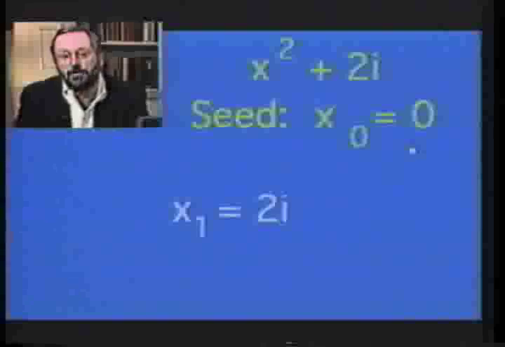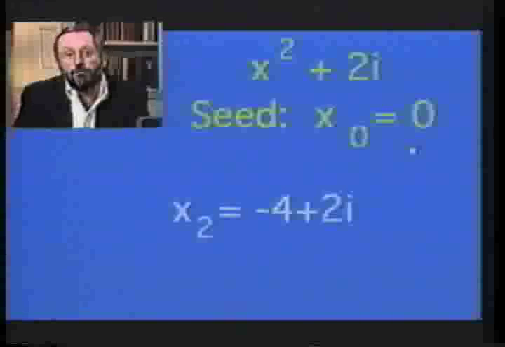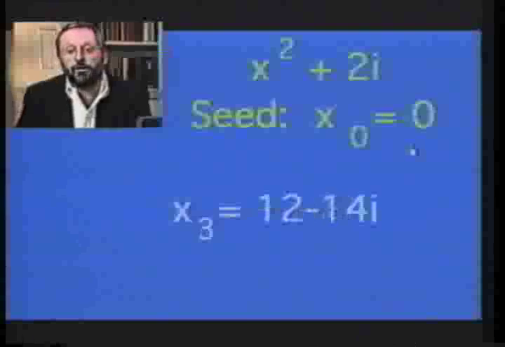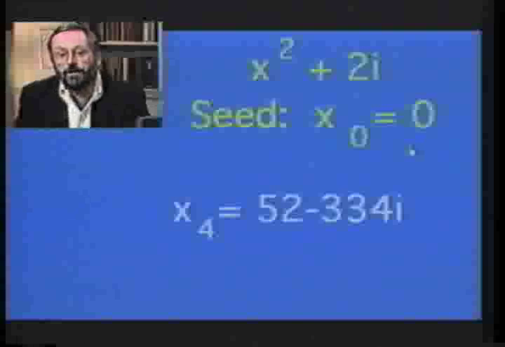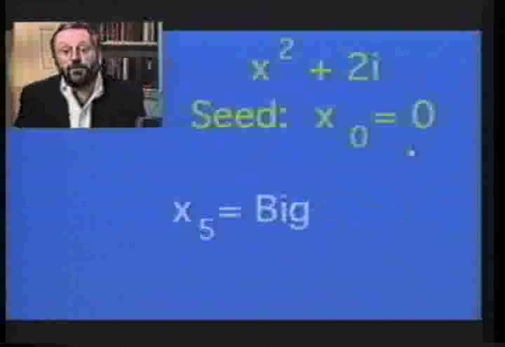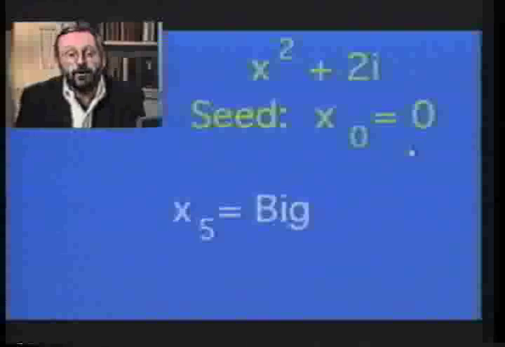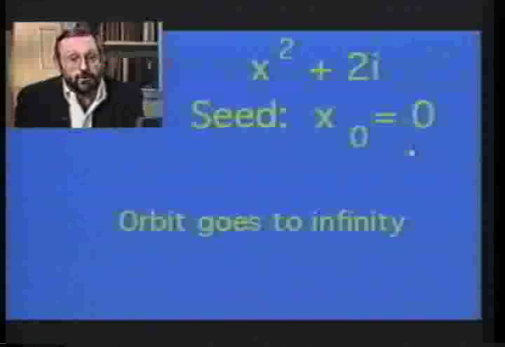Square that, add 2i, you get negative 4 plus 2i. Square that complex number and add 2i, you can check, you get 12 minus 14i. Square that complex number, add 2i, you get a larger complex number. Iterate again, you get a very large complex number. And what you can check is that this orbit, too, goes off to infinity.